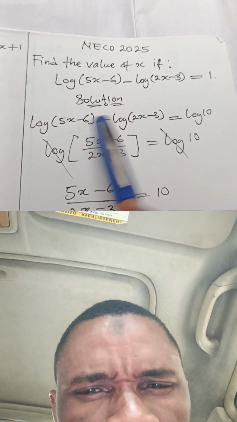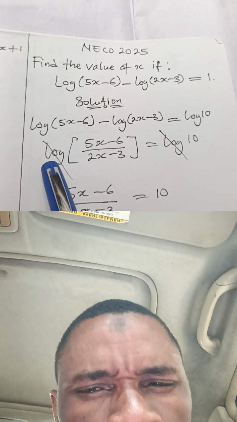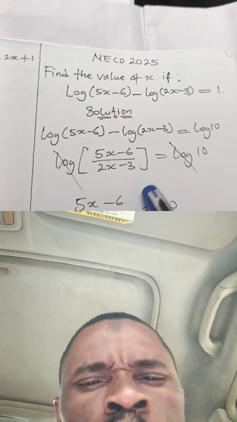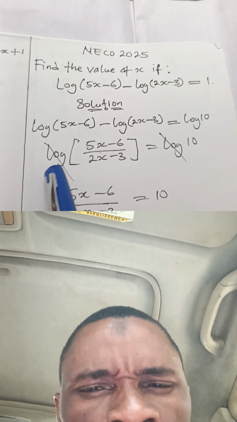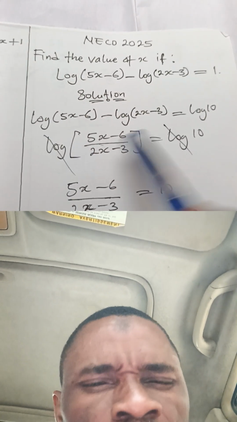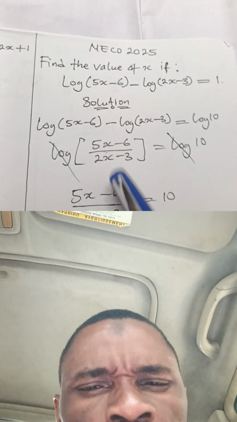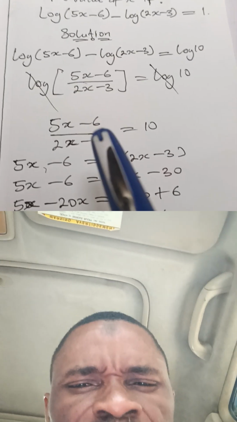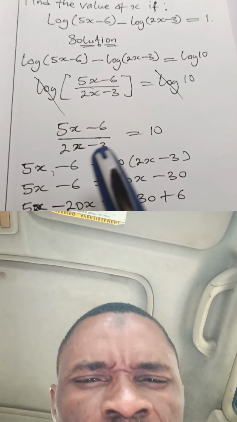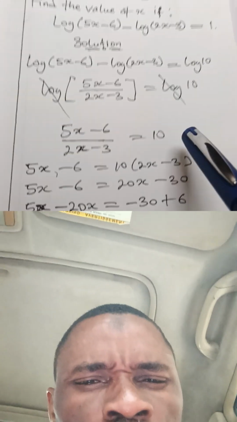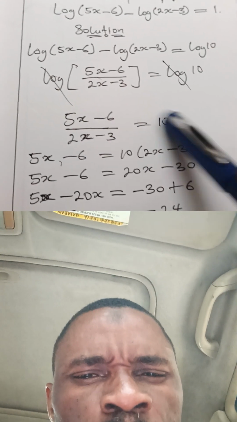You still put the log, because they both have the log. Once you have expressed it like this, you can now take away all the logs, so it will remain (5x - 6) over (2x - 3) equals 10. Then here you cross multiply.